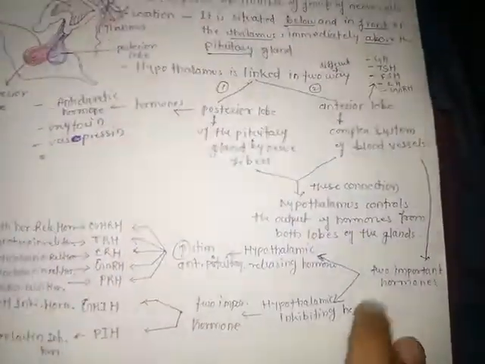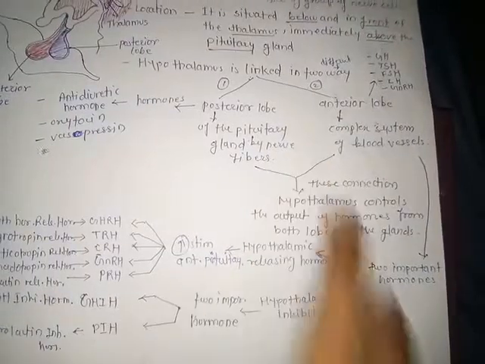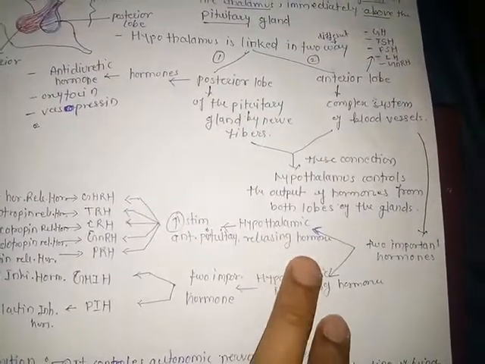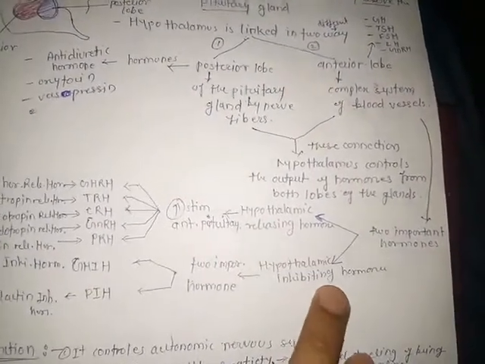Then for the anterior lobe, two important types of hormones are secreted, that is hypothalamic releasing hormones and hypothalamic inhibiting hormones.